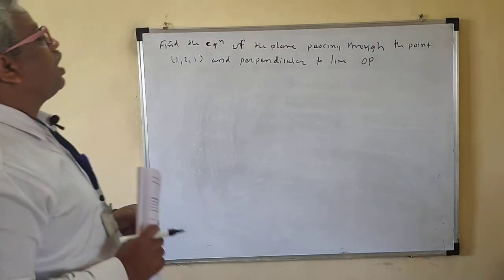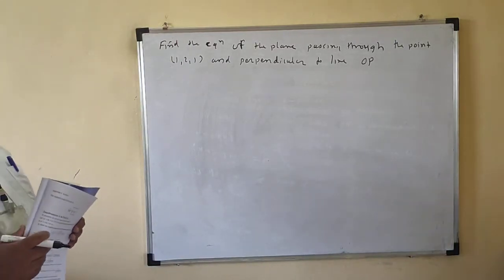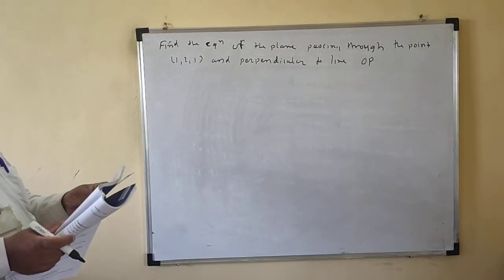Find the equation of the plane passing through the point P and perpendicular to the line OP.